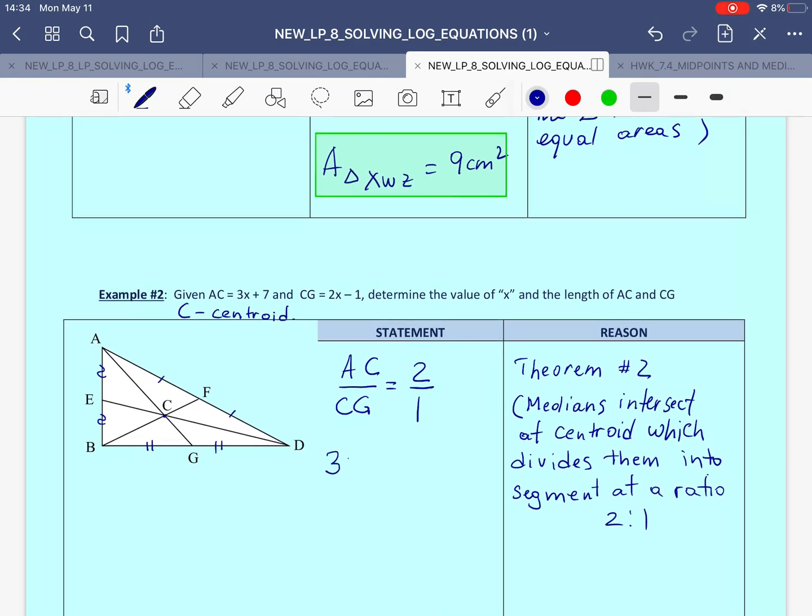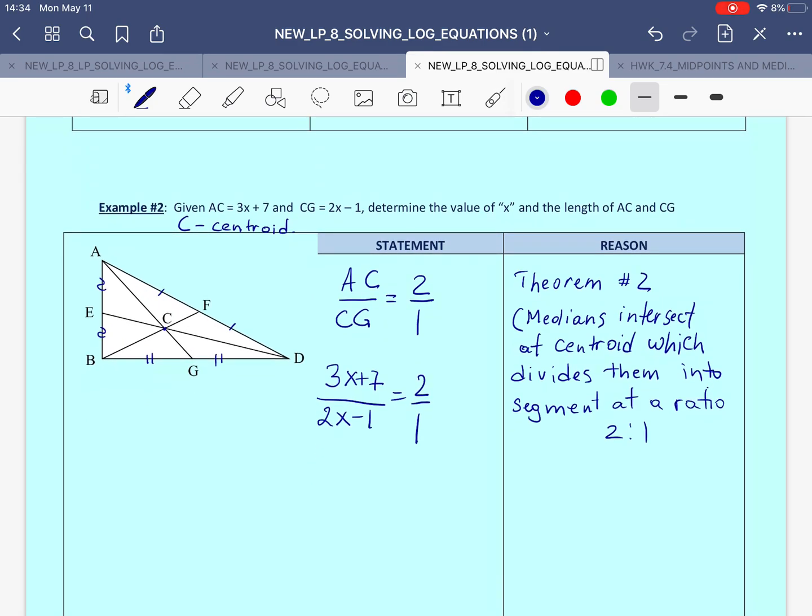So now I'm going to substitute AC, 3x plus 7, and CG, 2x minus 1. And I will try to solve the equation. So remember, you can do cross multiplication here very easily because we have a single fraction in each side. And that will give us 3x plus 7 equals 2 times 2x minus 1.